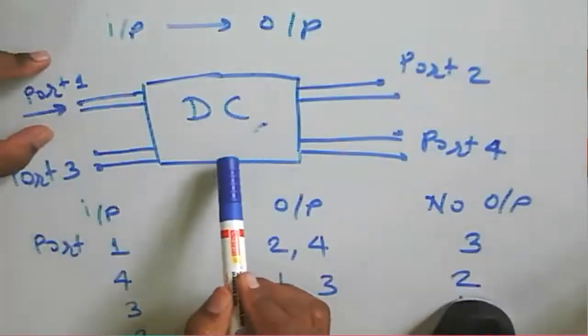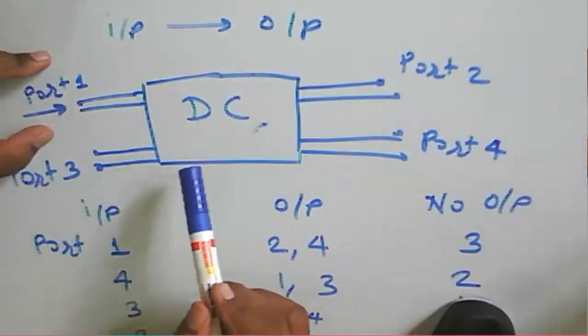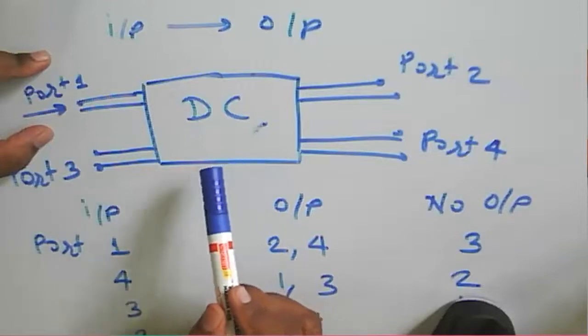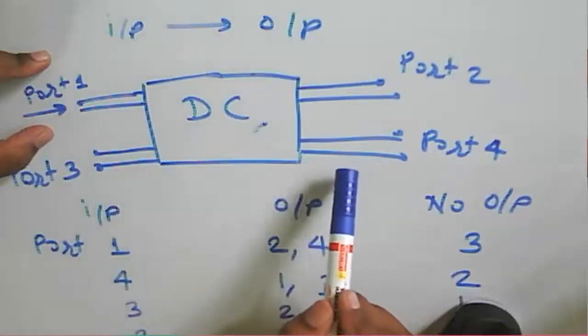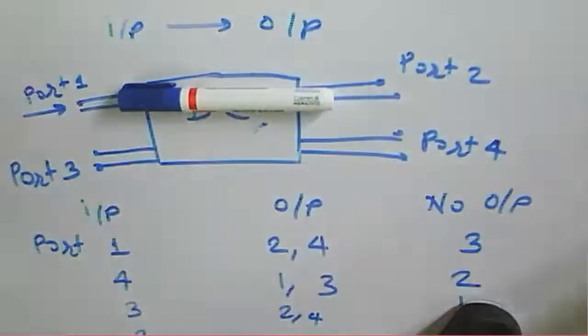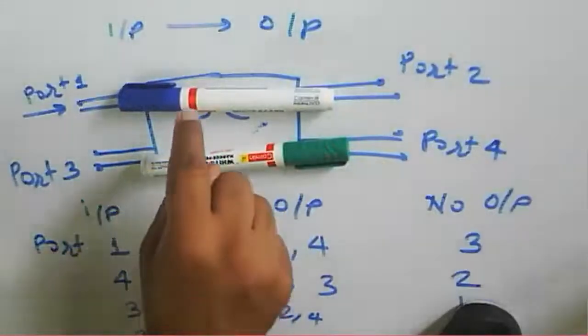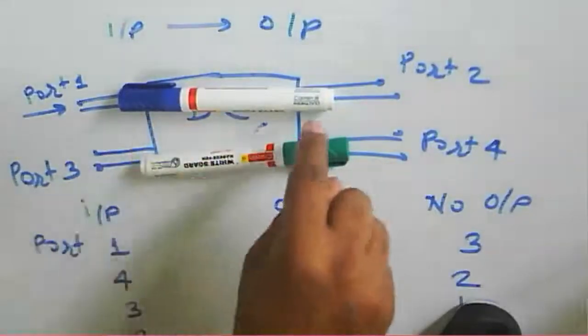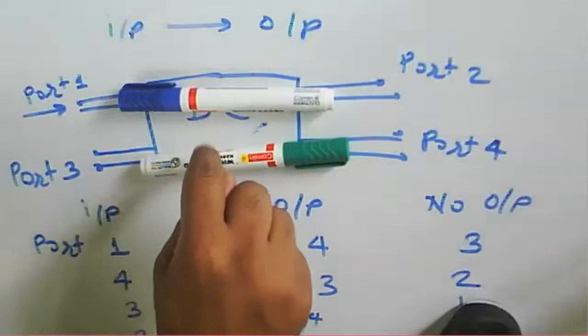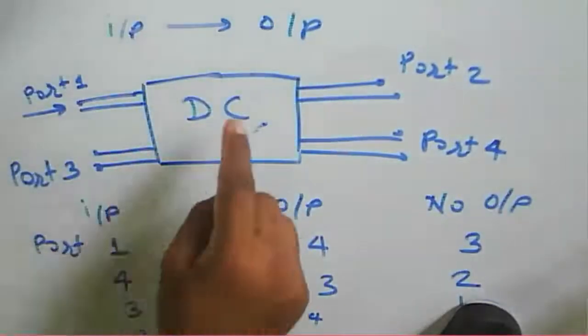The auxiliary arm gives the output at port 4. The main waveguide is ports 1 and 2, and the other waveguide is ports 3 and 4. There is coupling between these waveguides, so in between there will be one or two holes, and according to that, power will be coupled.